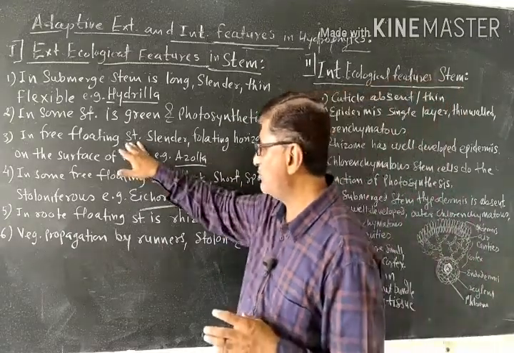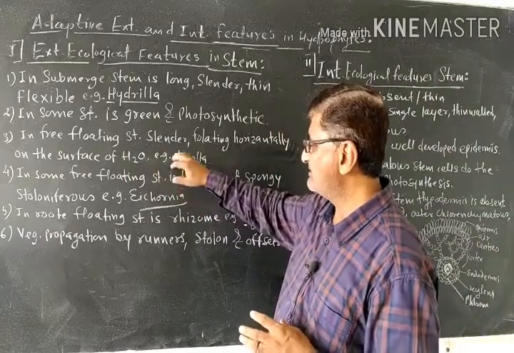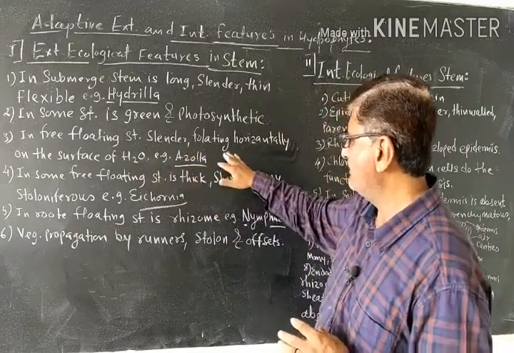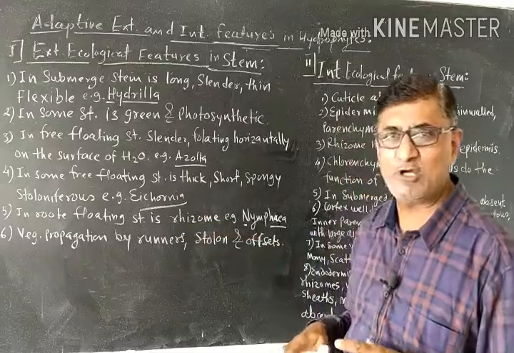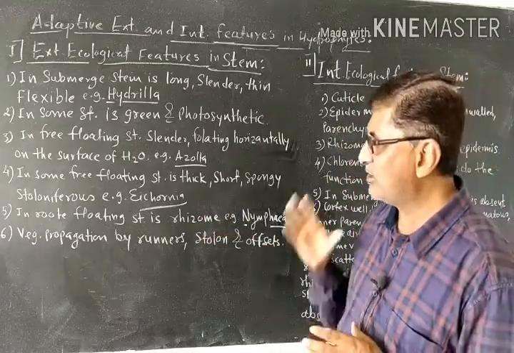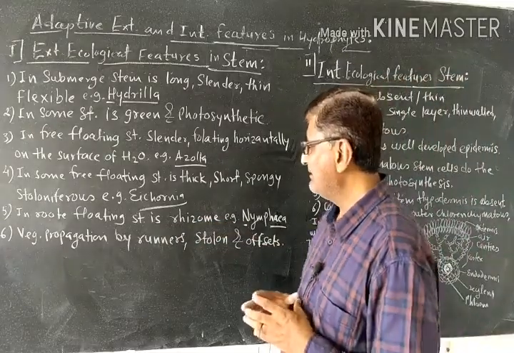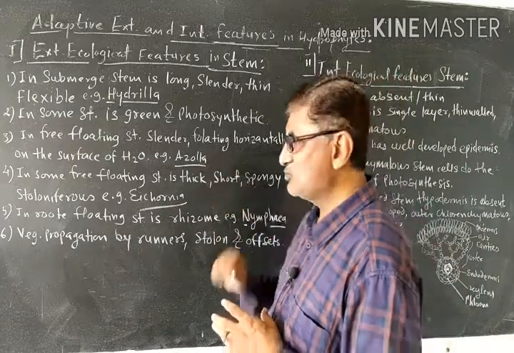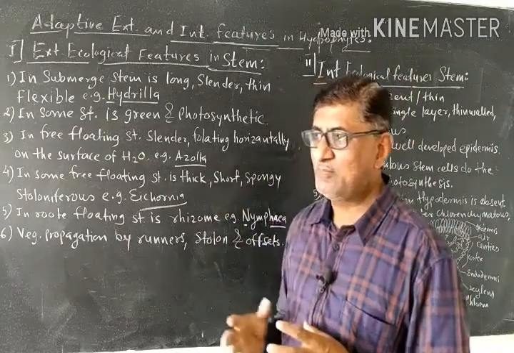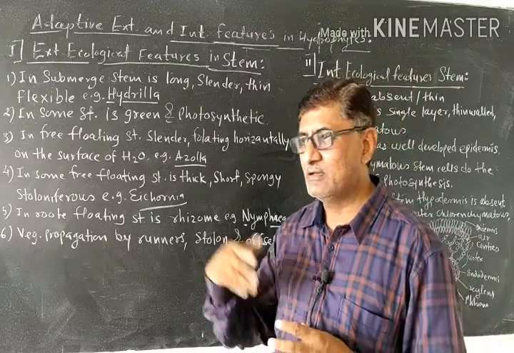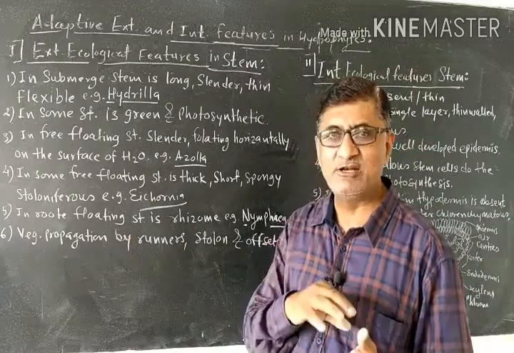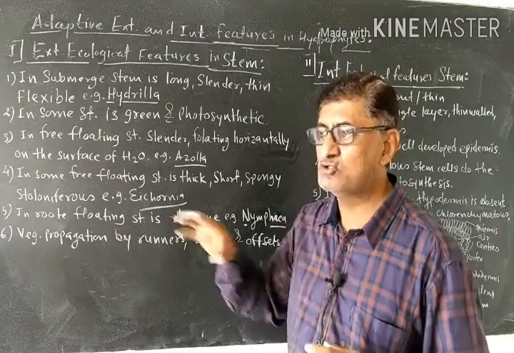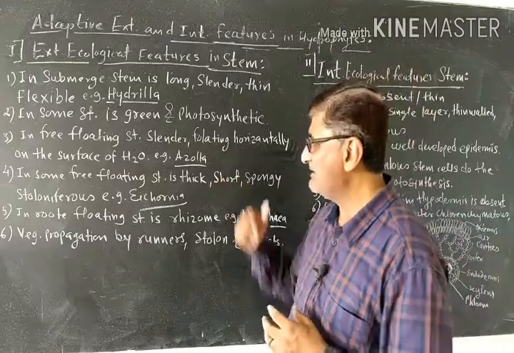In the case of free floating hydrophytes, the stem is slender and floats horizontally on the surface of the water, and does not remain erect. For example, Azolla. Azolla develops new plants from its reduced stem that grows horizontally and gives out a new plantlet.